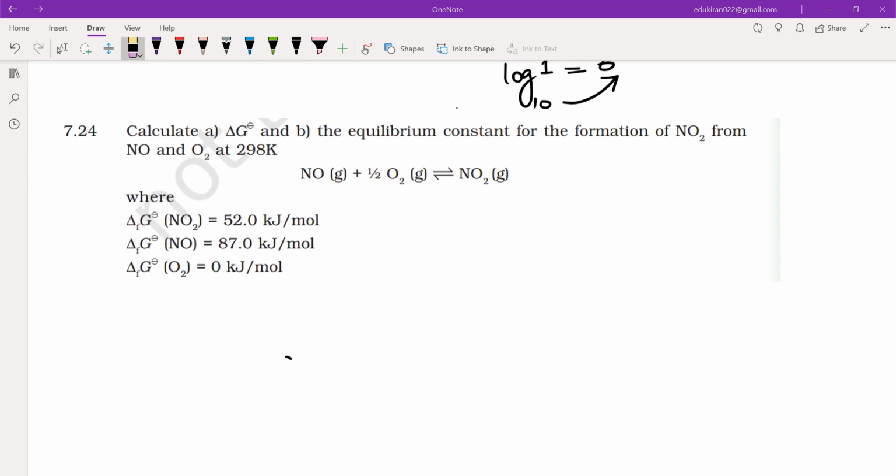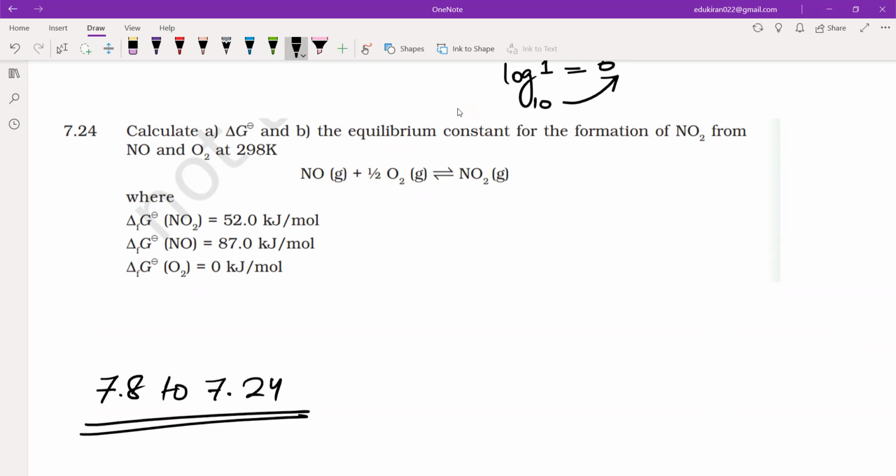We will do this question and then we will end the class. I will not take the class, the one we usually take after the 1 hour break. But you have to do from 7.8 to 7.24. This is the only reason I'm not going to take the class, that you do these questions.